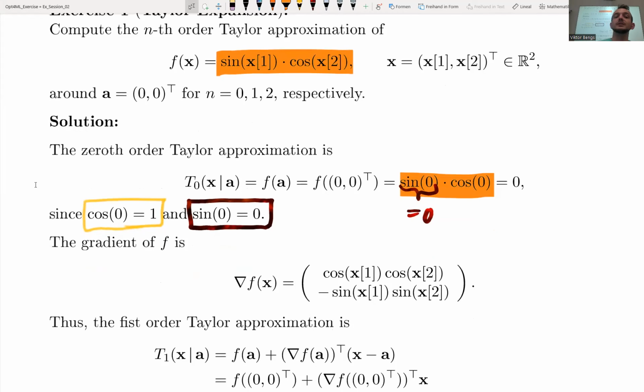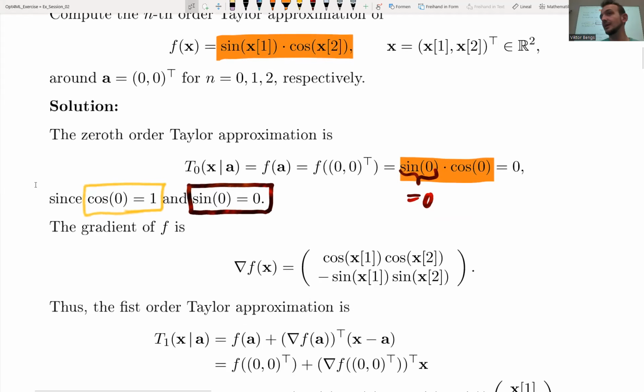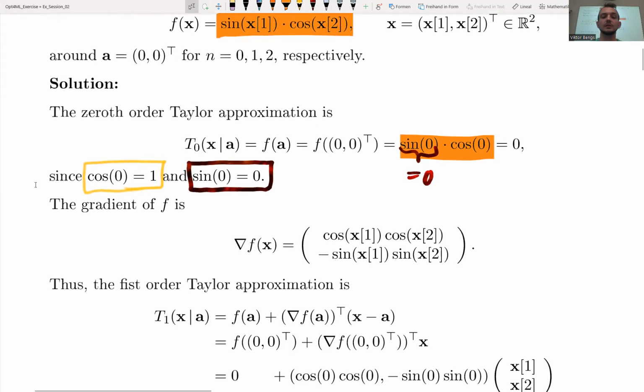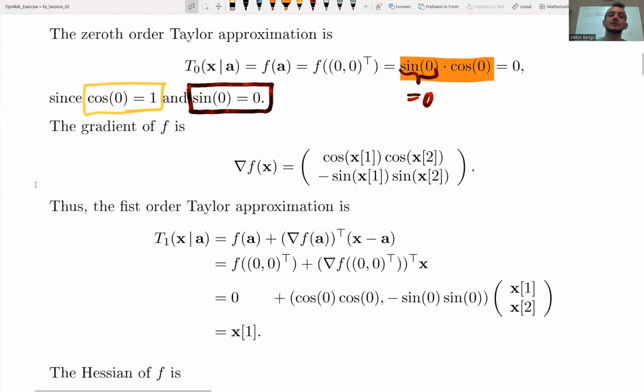So what we can do is a more sophisticated approximation and include a linear term. This is what the first order Taylor approximation is doing. It's doing a linear approximation of the function at that point. And we saw that in our revision of the Taylor expansion.